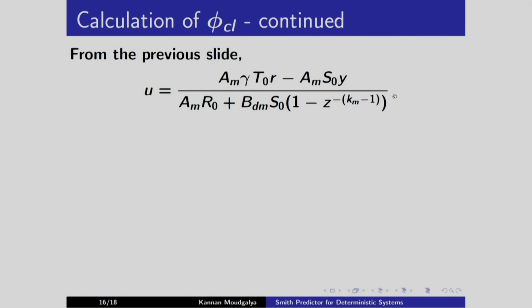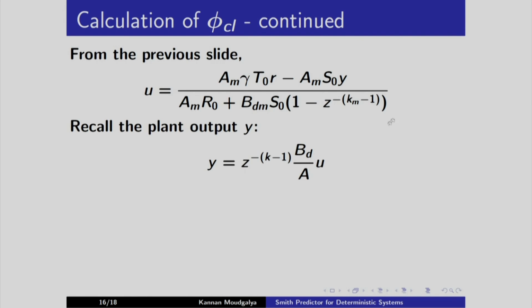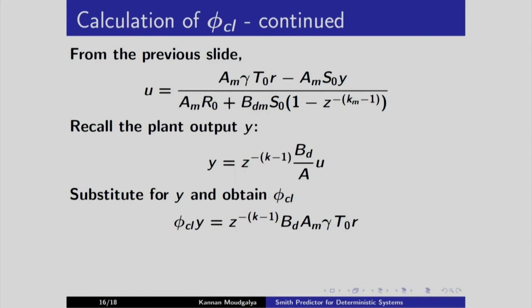So this is the equation that we obtained in the previous slide. Recall the plant output. Now let us substitute for this y into this, that is we close the loop and we get this expression. And there is a small mistake in the textbook, you may need to correct it.